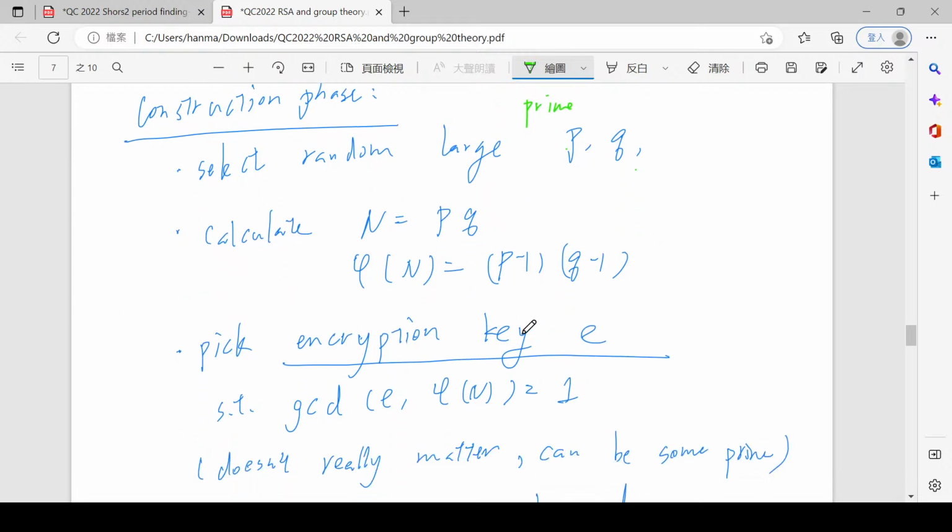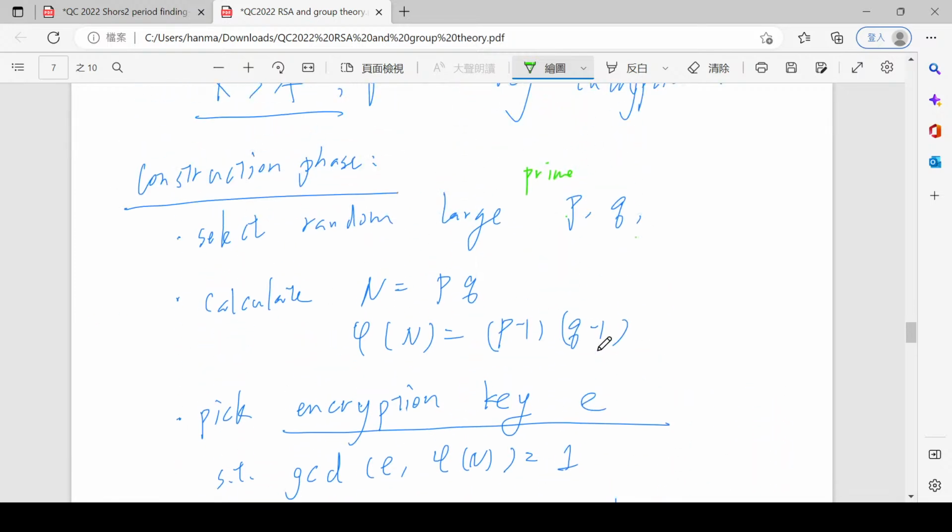And as we said, we want n and phi. So the encryptor will calculate n equal to p times q, and phi of n equal to p minus 1 times q minus 1.